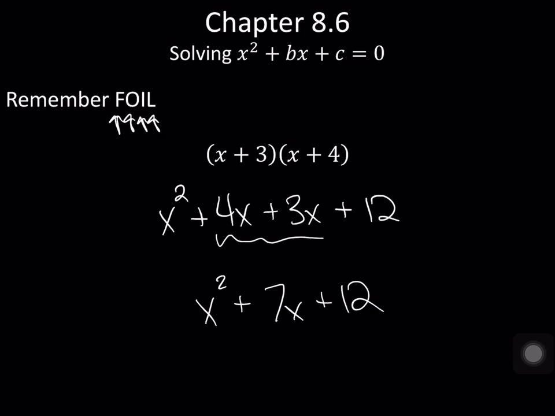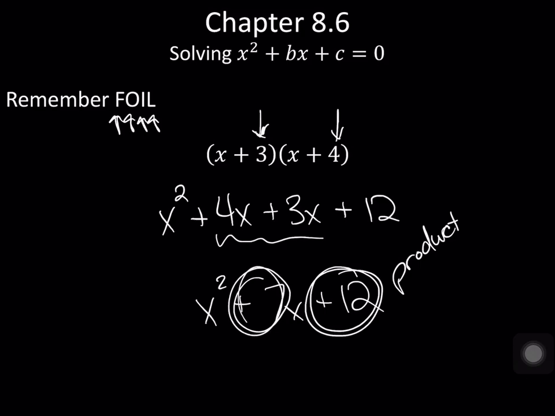And here's what I want you to notice. Notice where that 12 comes from. That positive 12 is the product of the 3 and the 4. That positive 12 is a product of the positive 3 and the positive 4. And that 7 is the sum of the positive 3 and the positive 4.